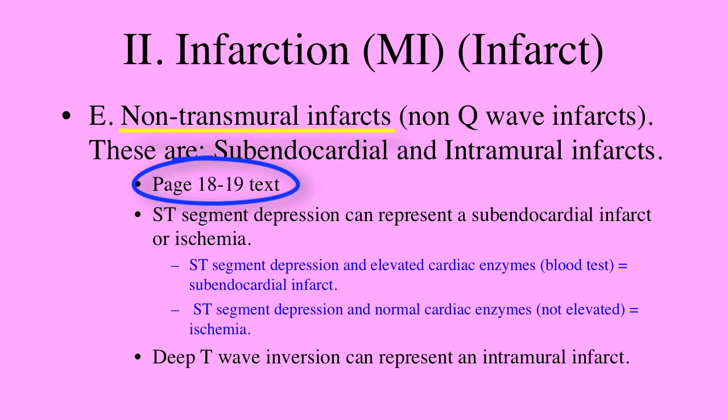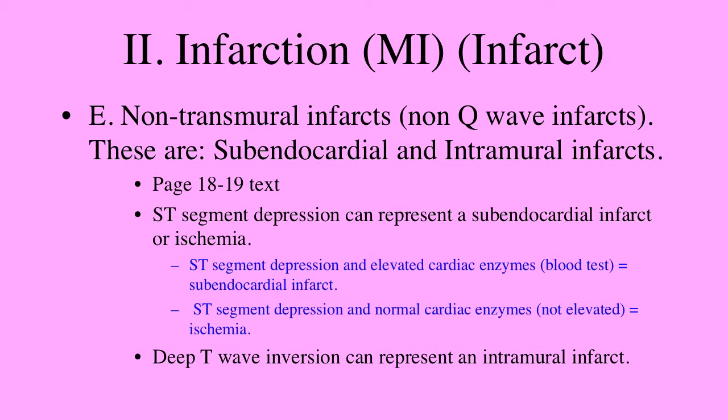And these are non-transmural infarcts, or non-Q-wave infarcts. What that means is the person has infarcted, but the infarct does not go all the way through the muscle. It just goes kind of in the underneath part, or subendocardial part of the muscle. The inner layer would be probably a good way to say it. And these are called subendocardial or intramural infarcts.